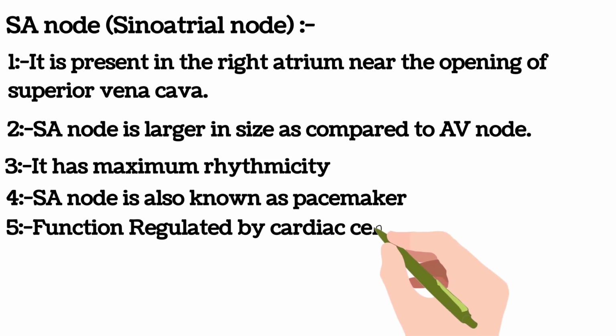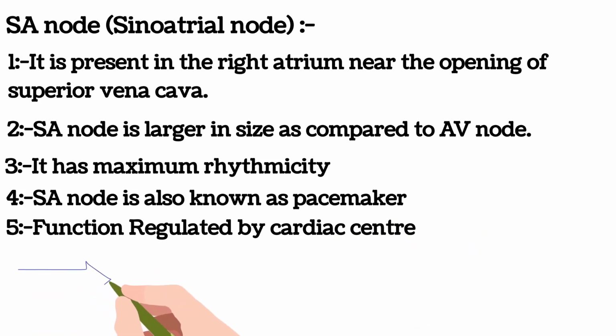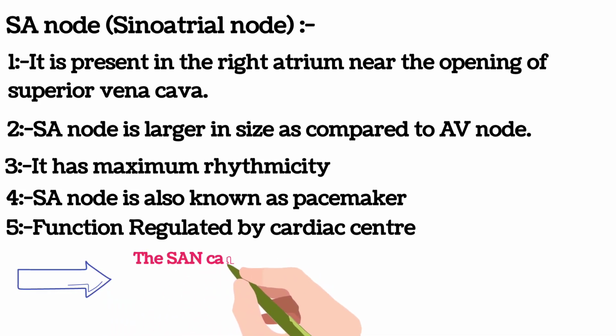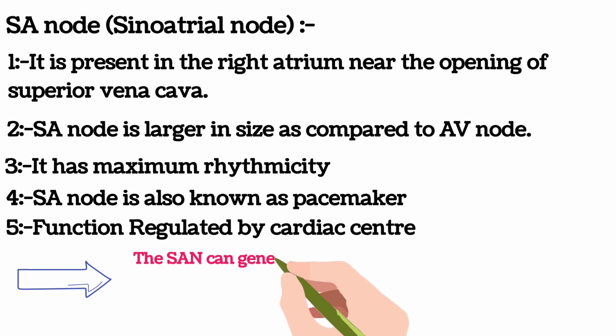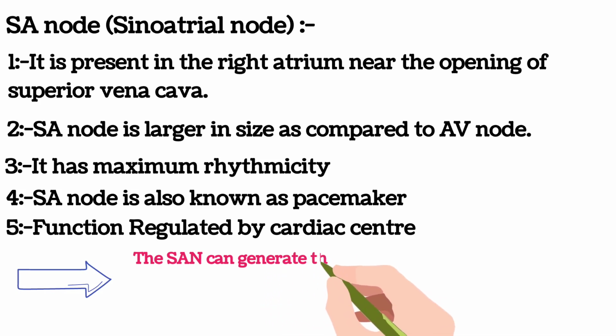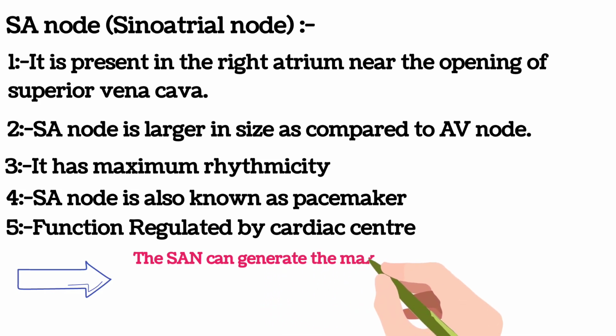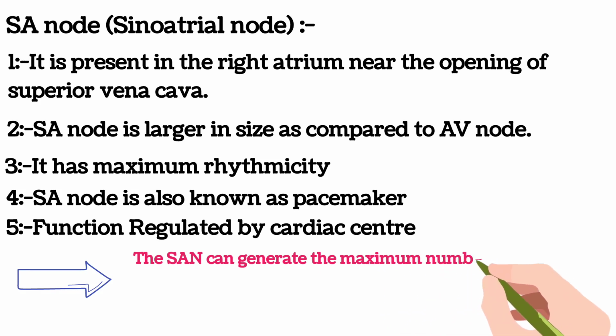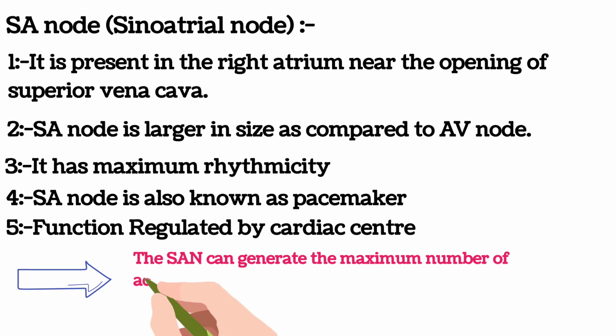The main and important thing about the sinoatrial node is that it can generate the maximum number of action potentials, that is 70 to 75, and is responsible for initiating and maintaining the rhythmic contractile activity of the heart.